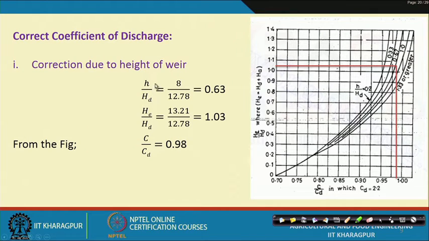Now we have the ratio between h e by h d, which is 1.03. If we take the value here on the graph, upon the C by C d, we find that C by C d comes out to be 0.98. So, here is the value.